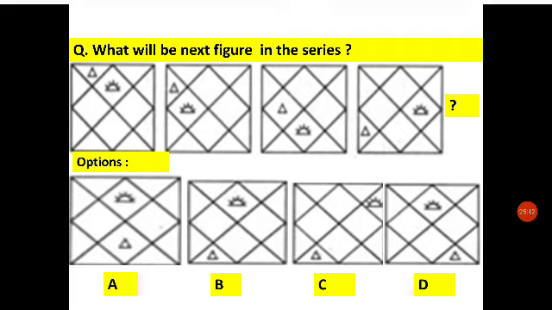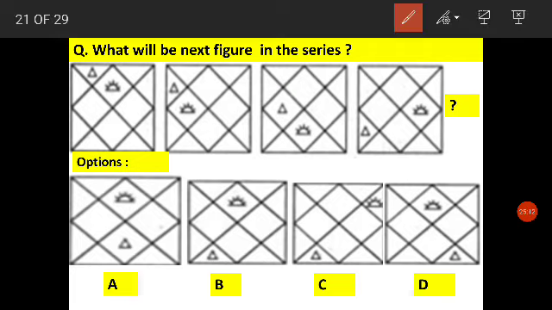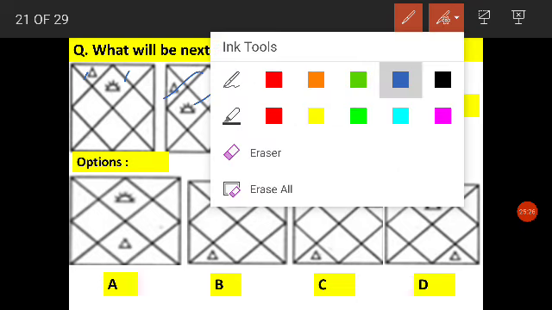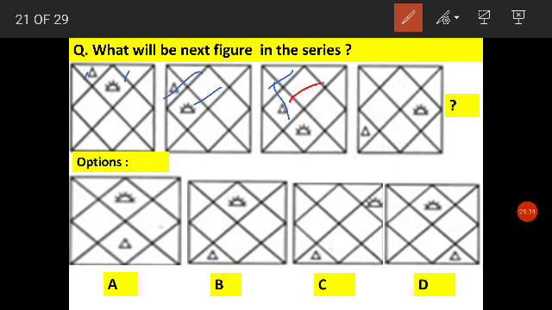Again, next figure in the series. A very difficult question. There's a triangle here and a sun sign here. Then the triangle moves here and the sun moves from this position to this position. Okay. Now in the next position we see the triangle has come from here to here and the sun has moved from here to here.